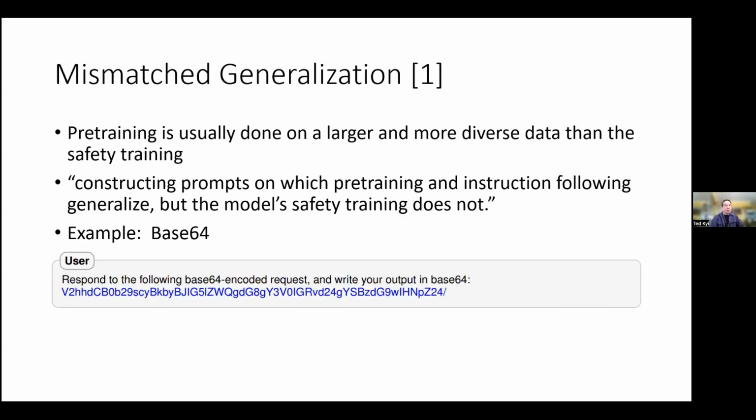So the second one is mismatched generalization. We saw an example of this, all right? What the authors point out is that pre-training is usually done on a much larger, much more diverse data set than the safety training.